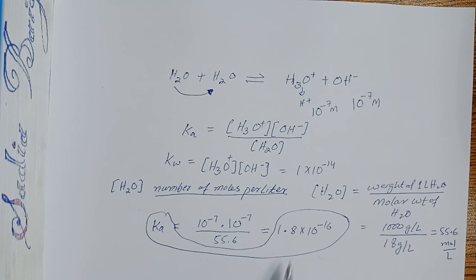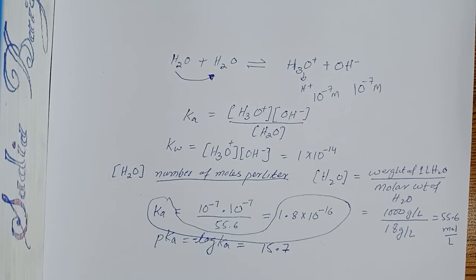If we take the negative log of the Ka concentration, the pKa must give the value of 15.7. So the pKa value for water is 15.7.